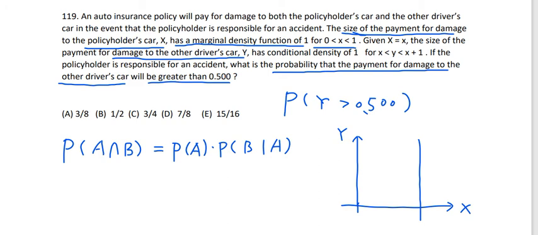So the joint density function equals the marginal density function of x, multiplied by the conditional density function for y given x equals x.